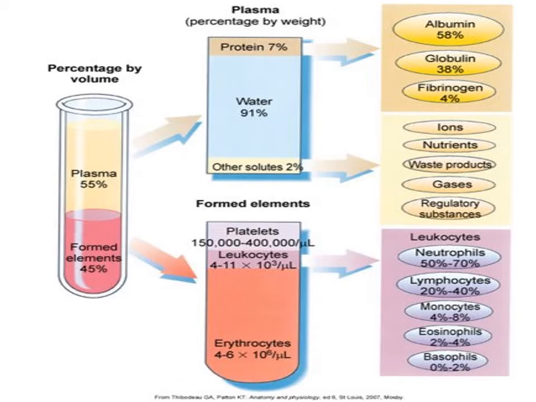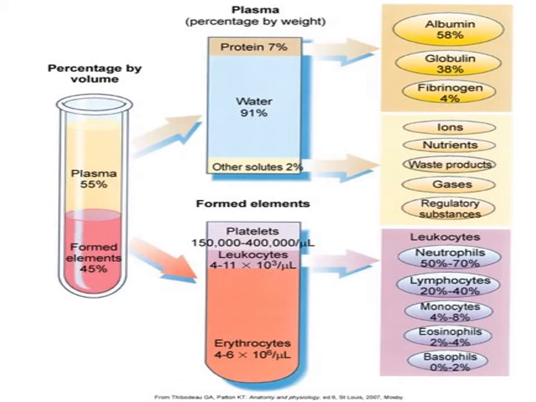In terms of the ions, so we're thinking of all the electrolytes: sodium, potassium, chloride, calcium, phosphate, magnesium, nutrients such as glucose, waste products, BUN and creatinine, the gases, O2 and CO2, and all the regulatory substances such as hormones.